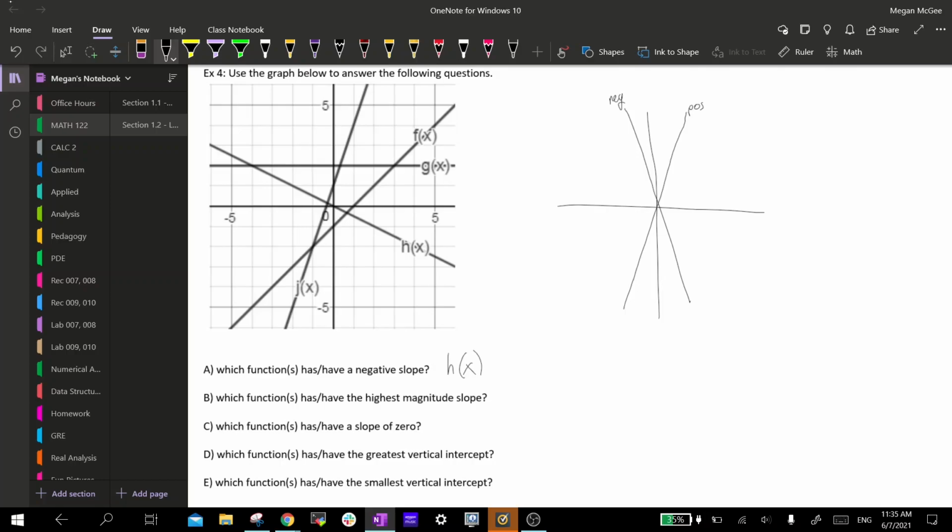Okay, so based on that pretty bad drawing over there, which of the functions in our graph matches the best? Well, to me, it looks like j of x seems to have a pretty steep positive slope, right? So we're going to say this is j of x.